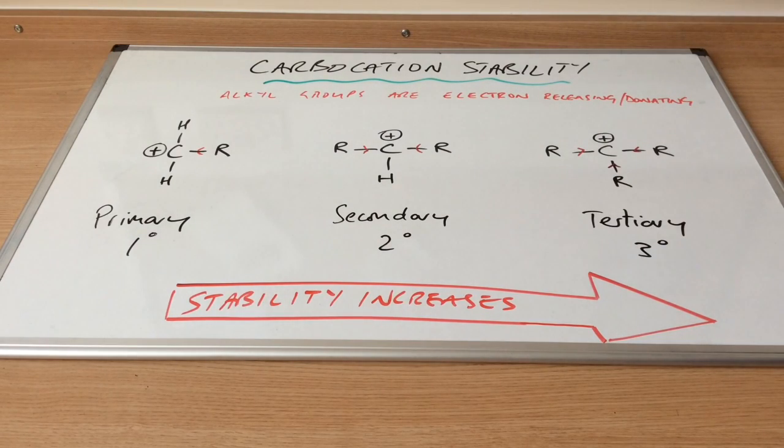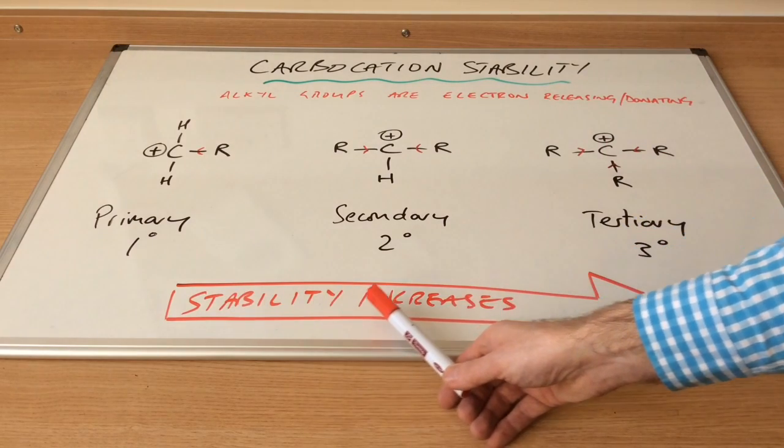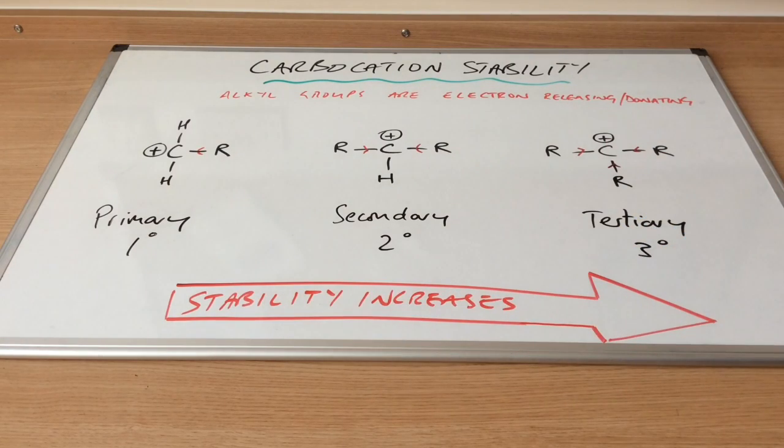Obviously the more alkyl groups around the carbon with the positive charge, the more that positive charge is spread out, and therefore the carbocation becomes more stable as a result. So the stability arrow is going to the right, meaning that the tertiary carbocation with its 3 alkyl groups on is the most stable of those 3.